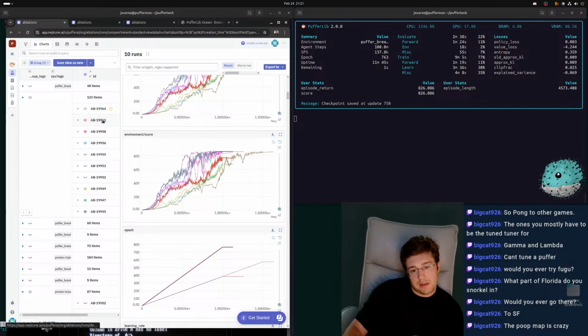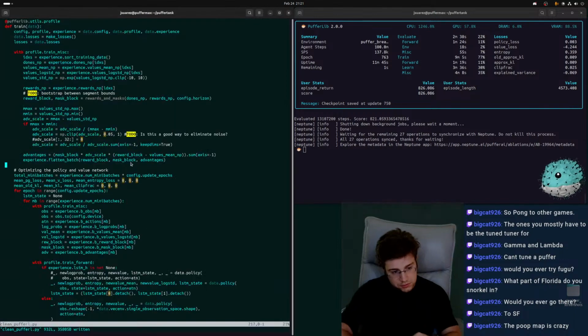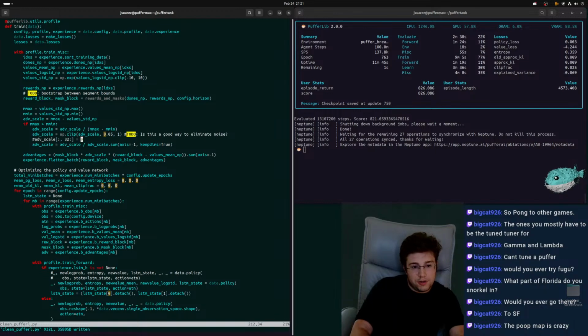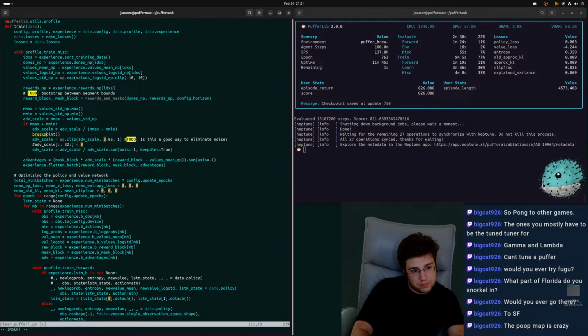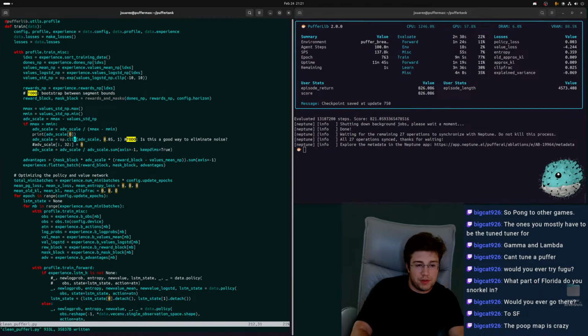Okay, so the fact that that doesn't mitigate is kind of weird. Like, I should be able to print out. I should be able to print this here, right?